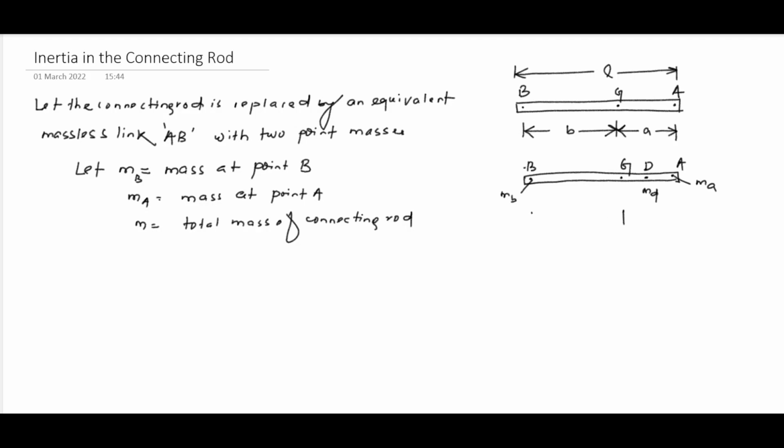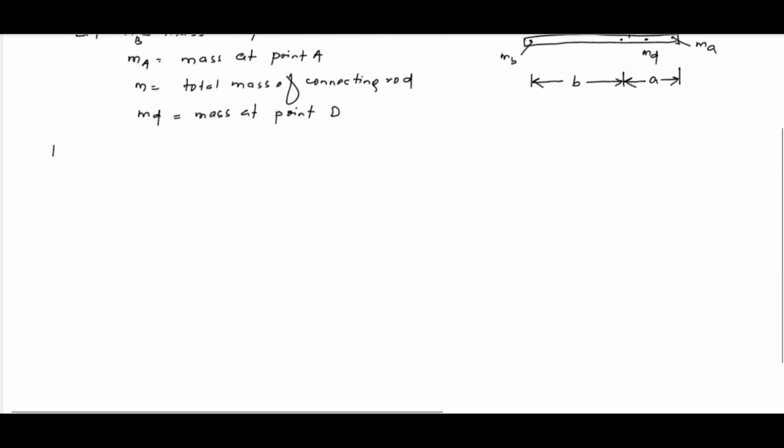The lengths are all the same. Now let the distance BG be equal to small b, and DG is small d.